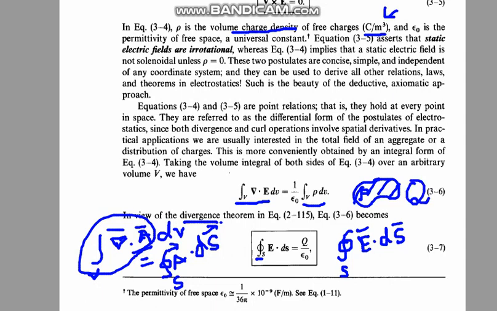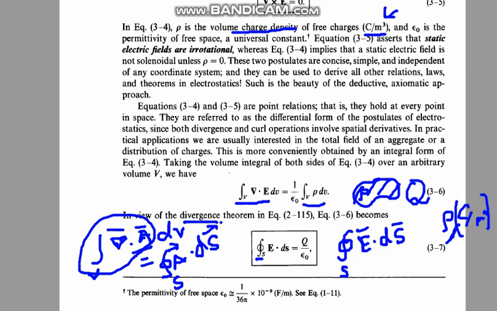Rho is the part of charge carried by each portion of the body.